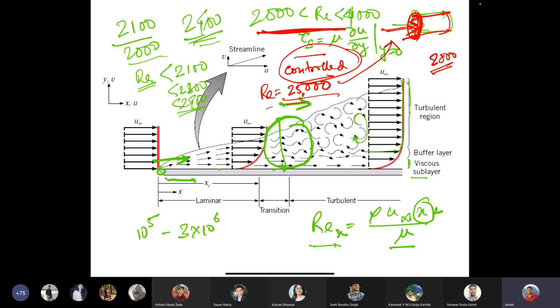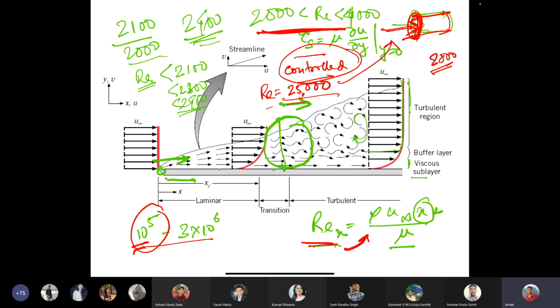And that is why this range is here. Usually beyond 10 to the power 5 of this Reynolds number, which is defined by the expression rho u infinity x, where x is the distance from the leading edge, divided by the dynamic viscosity, the boundary layer would be turbulent.